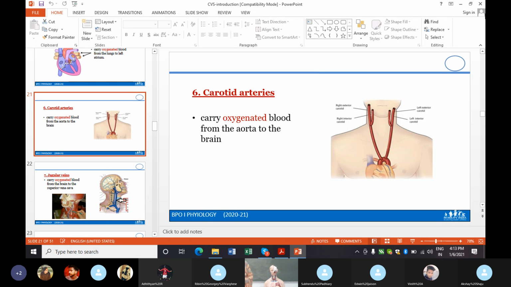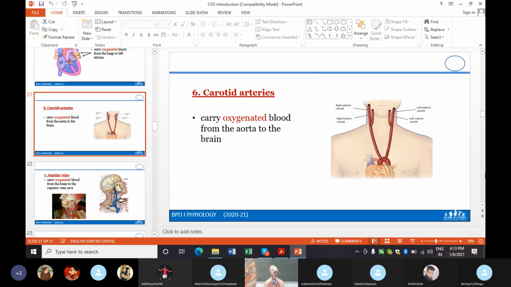Okay. Good. So we have discussed superior vena cava, inferior vena cava, the main veins. Then we have discussed arch of the aorta, then pulmonary artery and pulmonary vein. So these are the main blood vessels of heart, which originate from the heart and which supply to the heart.